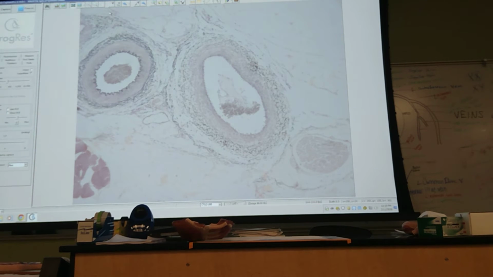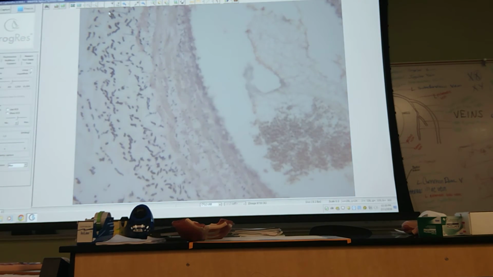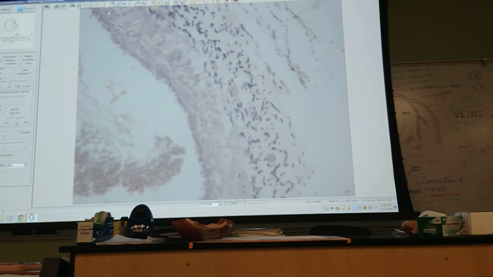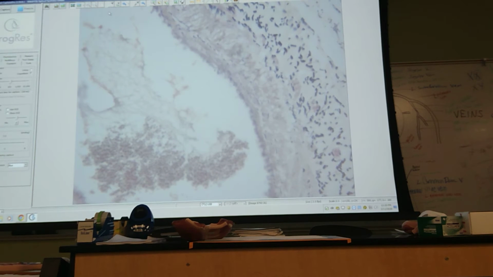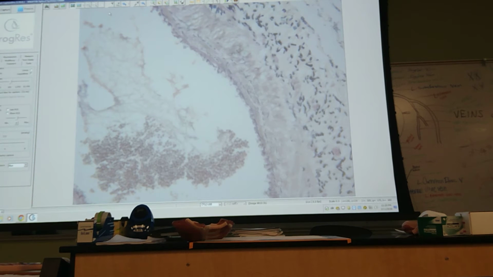They can even come in stranger shapes. All right, so let's look at the wall of a vein. A large vein such as this has exactly the same layers as an artery. So it's got the 3 layers, especially if I focus this better. It has tunica intima, tunica media, and tunica adventitia or externa.